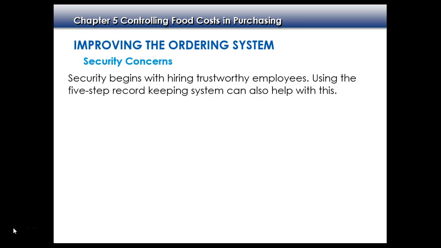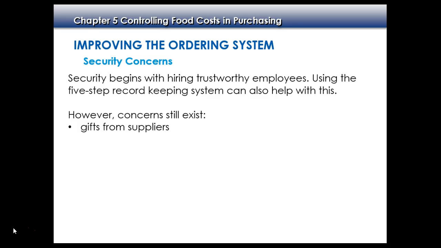So some security concerns. Security begins with hiring trustworthy employees. And using those record keeping systems will also help make sure the employee is staying trustworthy. However, there are still some concerns that exist. So gifts or kickbacks from your suppliers.